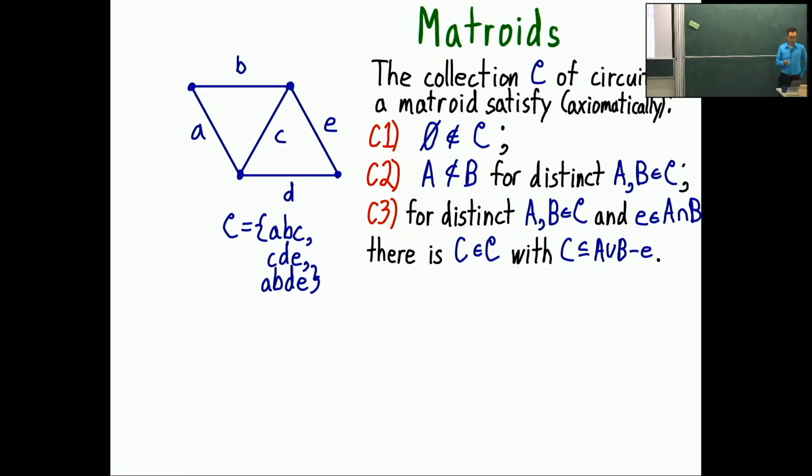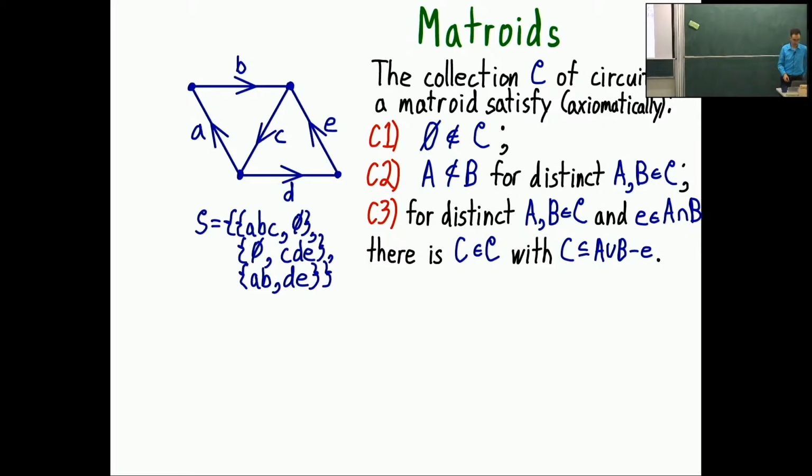So what if I look at a digraph? I'm going to add a direction to all of the edges of my graph. Now if I look at cycles, there's a natural bipartition of the edges of a cycle.